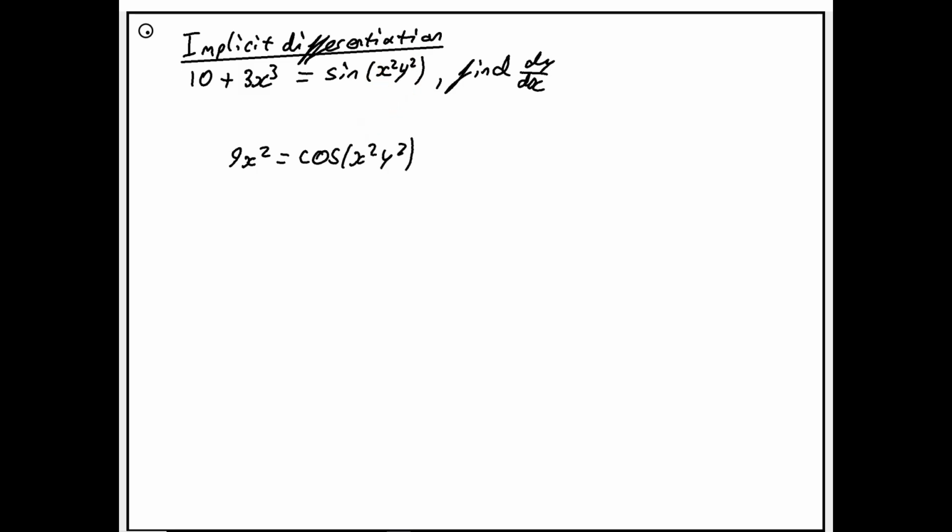So let's do just that first, leave the inside of the bracket the same, and then multiply by the differentiation of the inside. So in this case we'll be using the product rule.